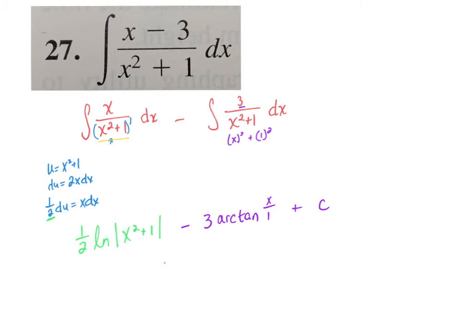So you would have 1/2 the natural log of x squared plus 1, which you don't even really need absolute value there because x squared plus 1 is always going to be positive, but it's fine. Minus 3 arctangent of just x plus c.